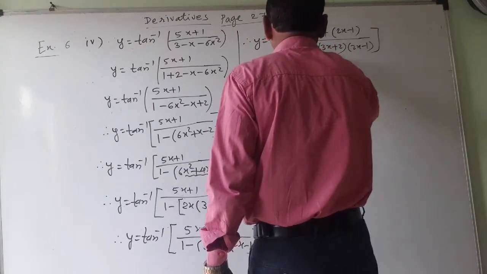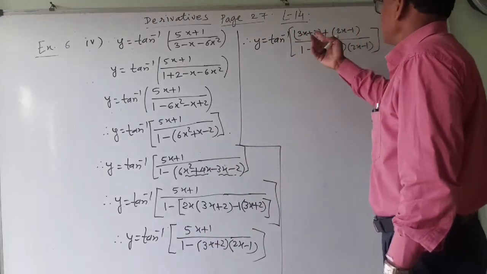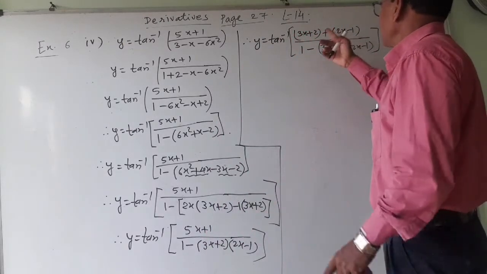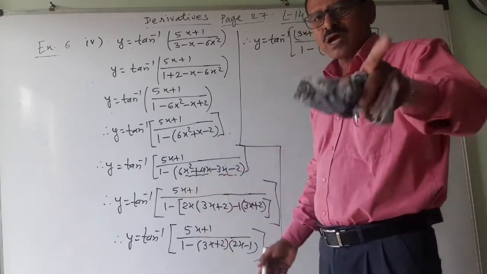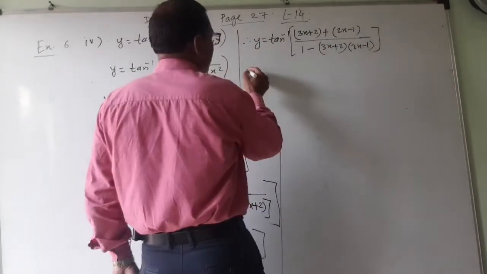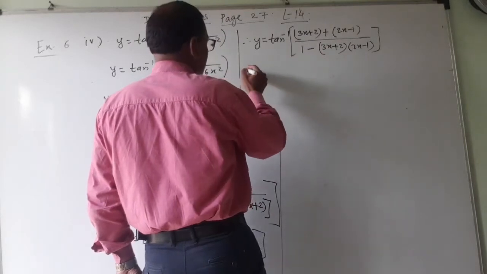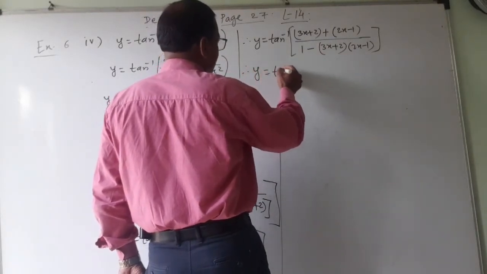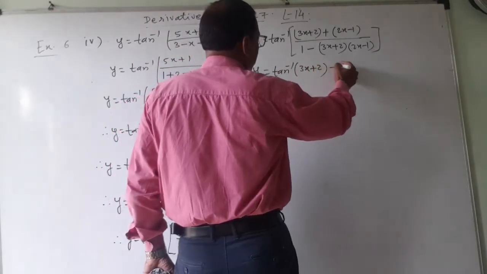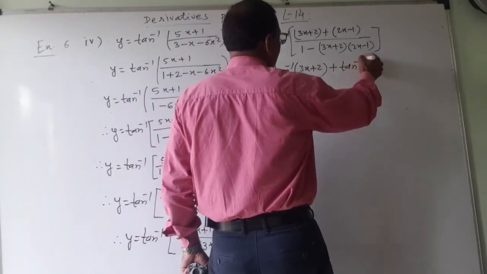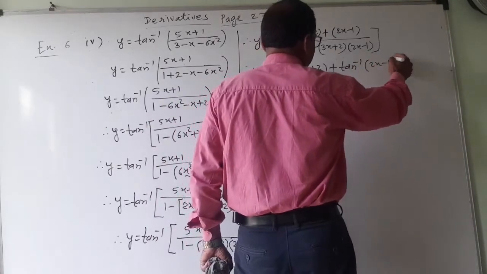Now check it. If I open this bracket, 3x plus 2x is 5x, plus 2 minus 1 is plus 1. That means I am getting this once again. So I am right. Therefore, this I can split now. y is equal to tan inverse of 3x plus 2 plus tan inverse of 2x minus 1.